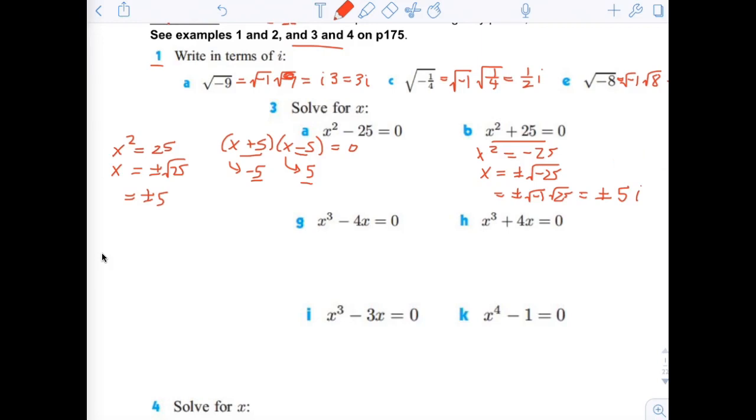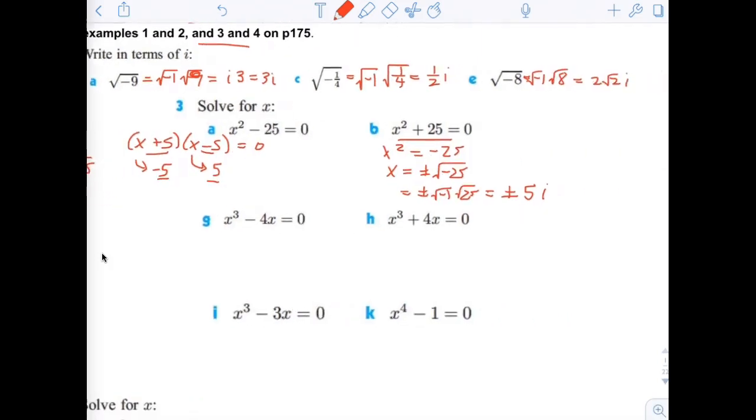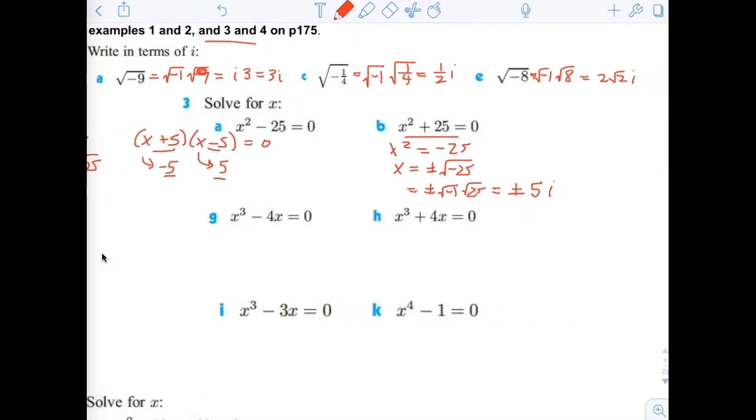Okay? The other way you could do it is you could use the quadratic formula, and C is 25, A is 1, and B is 0. With these numbers plugged into the quadratic formula, the negative b is 0, right?